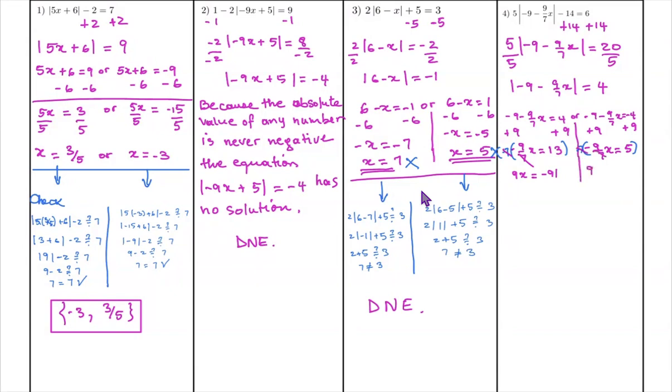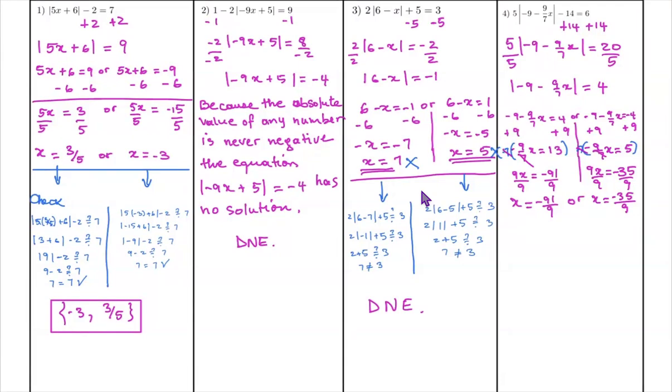I'm left with 9x equals -35. And then by dividing by 9, I will get x equals -91 over 9, or x equals negative 35 over 9. The first solution is negative 91 over 9. And the second solution is x equals negative 35 over 9.